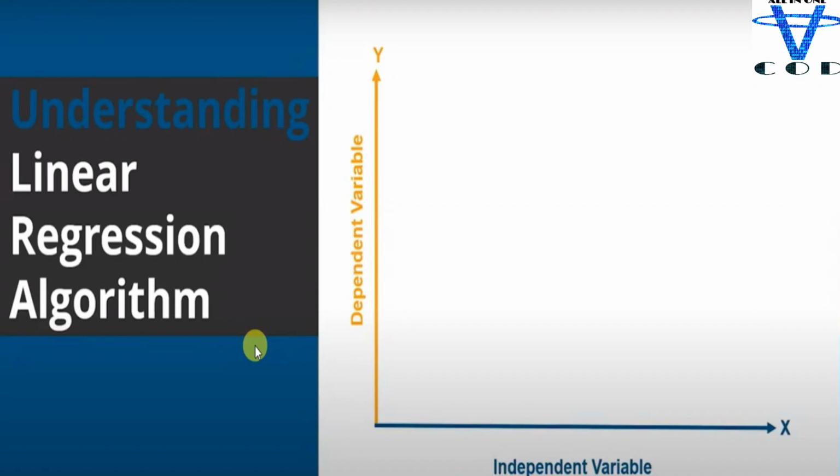So what are independent and dependent variables? Independent variable values never change, while we can change the value of the dependent variable. Let's say this is our independent variable, let's name it x, and this is our dependent variable, let's name it y, and let's say the independent variable is rain. You can't control the rain or clouds because rain is natural, but you can change the dependent variable.